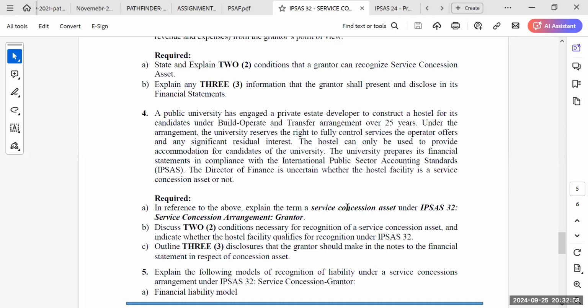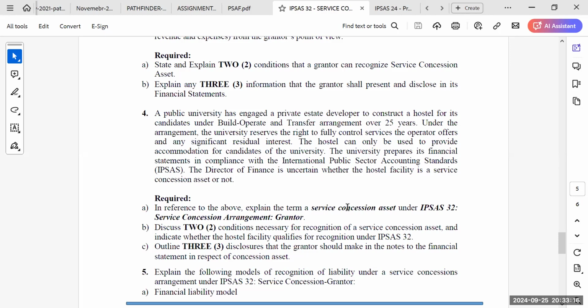What is a service concession asset? Charles, what is a service concession asset?